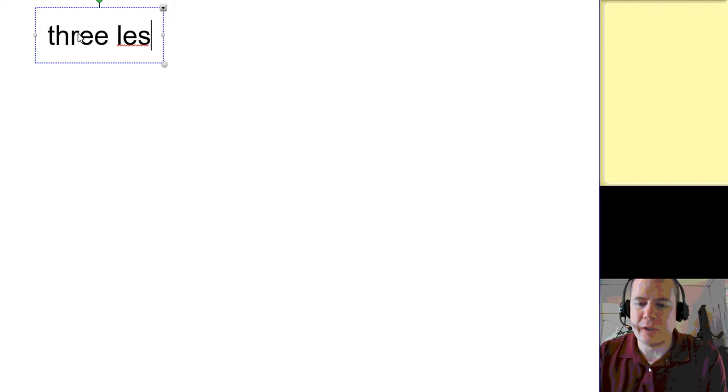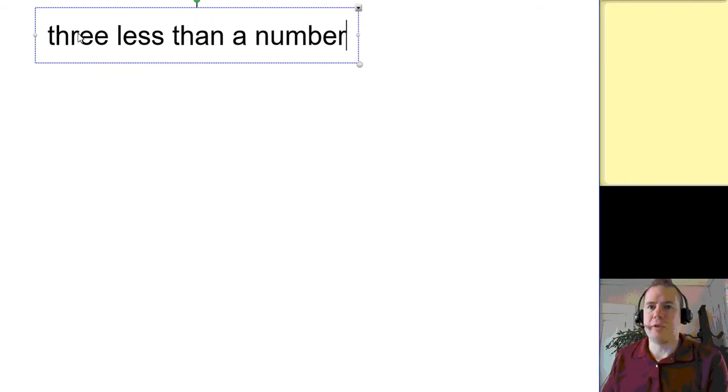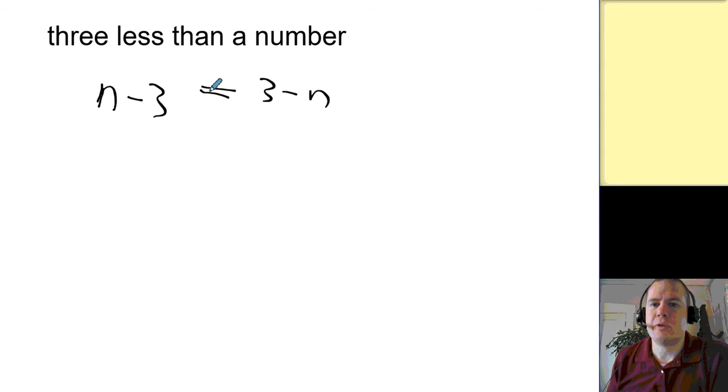So if we have something like 3 less than a number, well, if I have n minus 3 or 3 minus n, those are not the same. 7 minus 3 is not the same as 3 minus 7. So we want to think about context here. Right? Application is not complicating things, it's giving us a context to understand things.